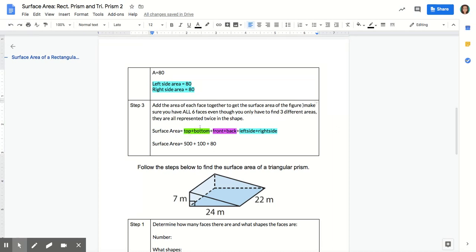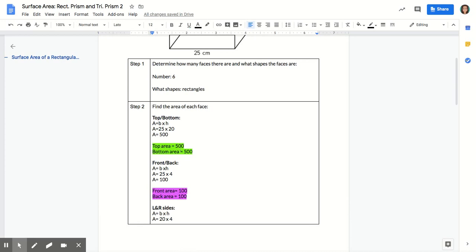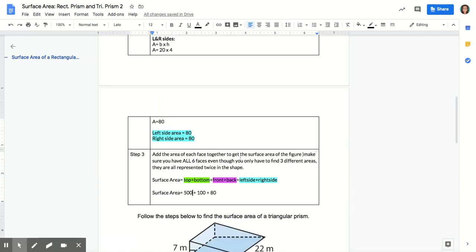So that's, if you remember here, the top is 500, the bottom is also 500. So this should really be 500 plus 500 plus 100 plus 100 plus 80 plus 80.